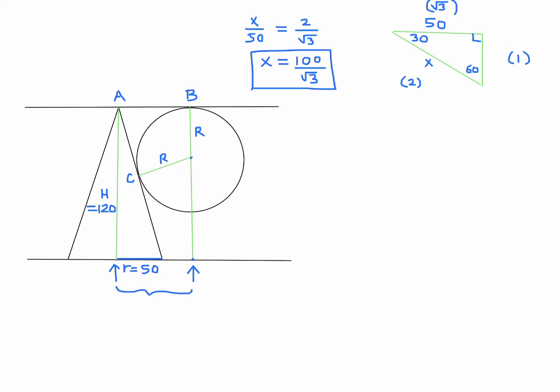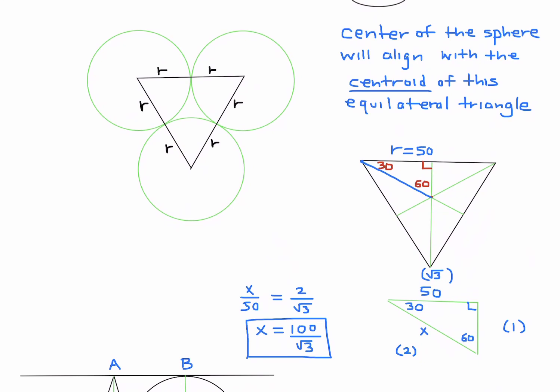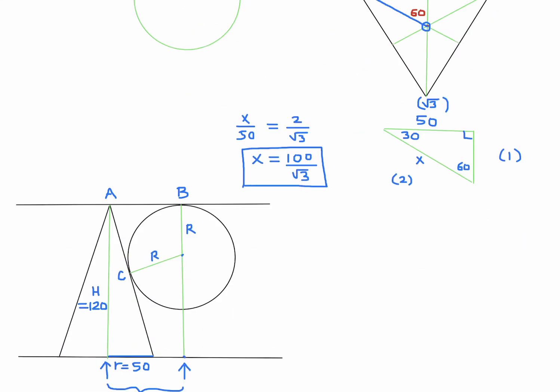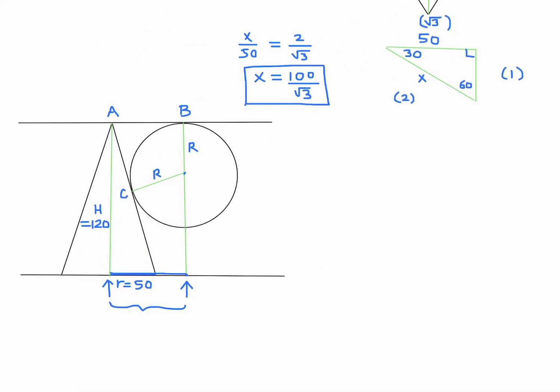So therefore, from here to here is essentially the distance from the vertex of that triangle to the centroid. Let me show you in this diagram. This is the center of that cone. This is also the vertex of that triangle. And if you draw a line from the vertex right here to the centroid right here, that represents this distance from here to here. And I think that is probably the most challenging part about this question. So that distance is 100 over root 3.